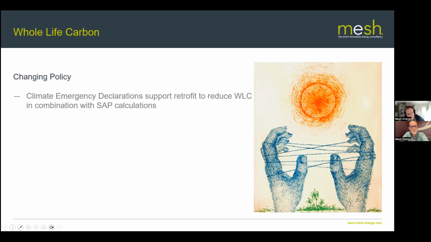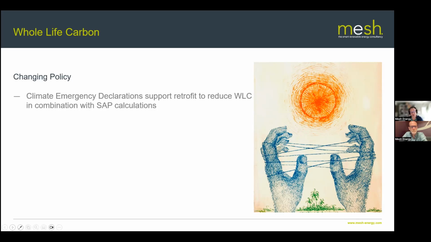What we're now seeing is a change in policy, and we're seeing climate emergency declarations being made by local government. For various reasons. Some of it is partly political, some of it is because it's felt that central government is not doing enough, and therefore more local action is being taken to encourage a more sustainable built environment.